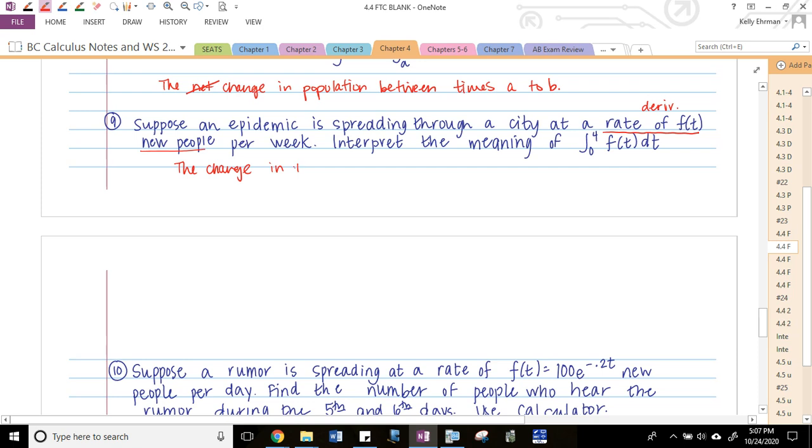The change in the number of new infections, because it says new people, so infections or new people infected, between weeks 0 and 4. Or you could say in the first 4 weeks, whatever.